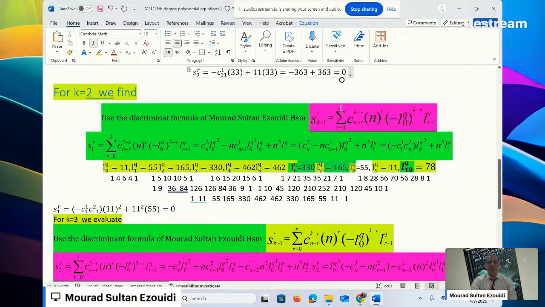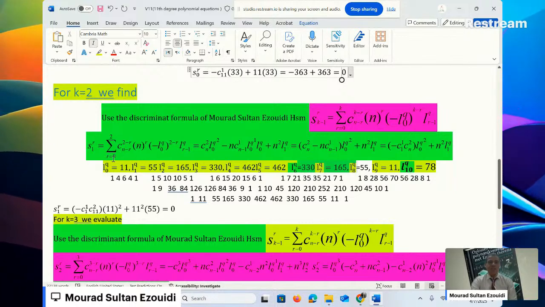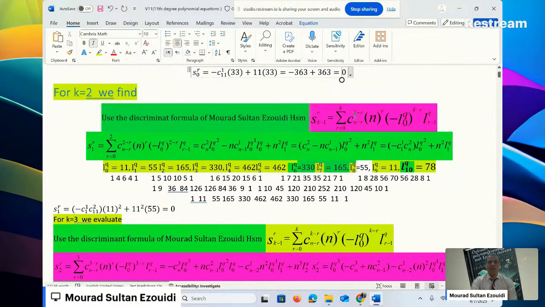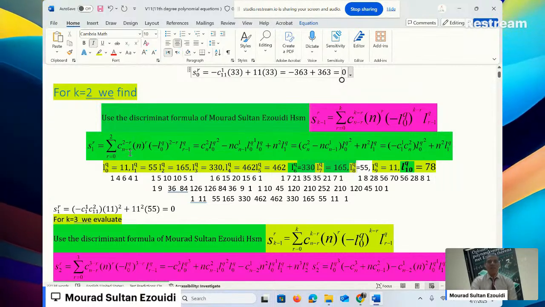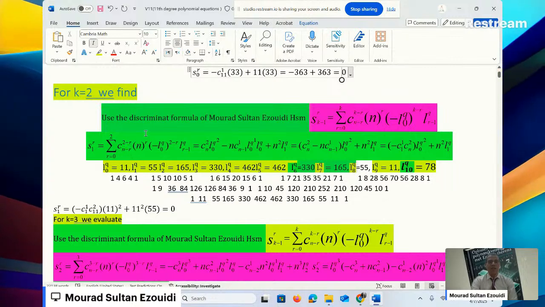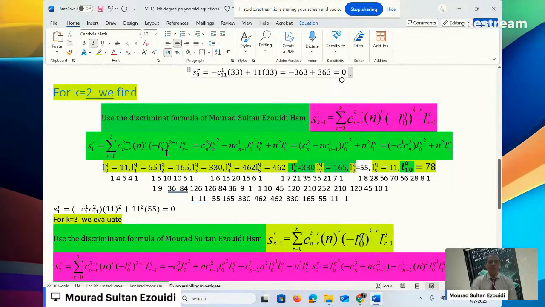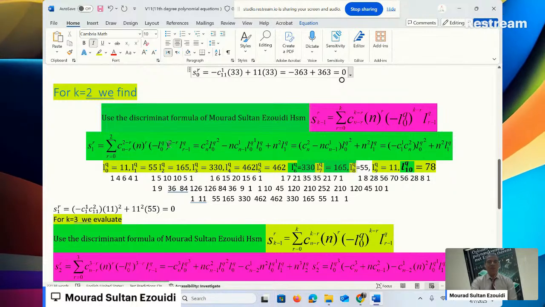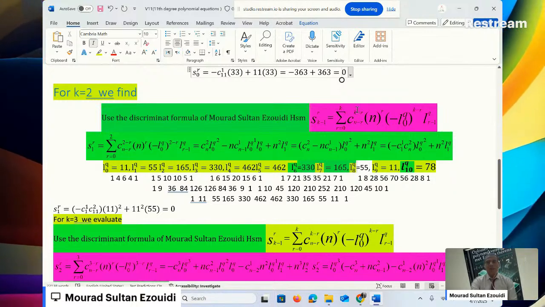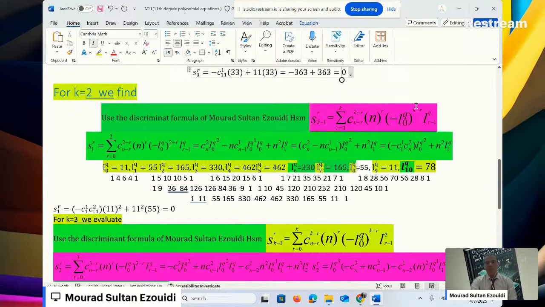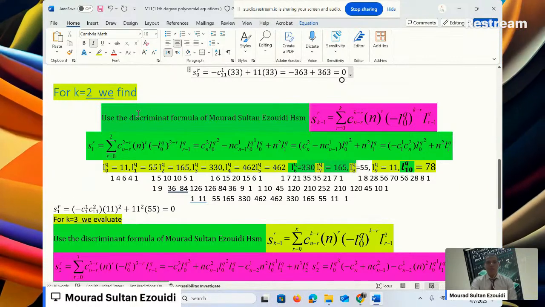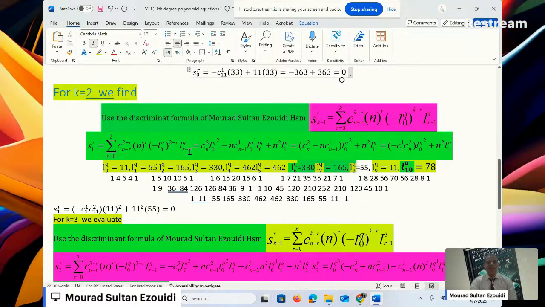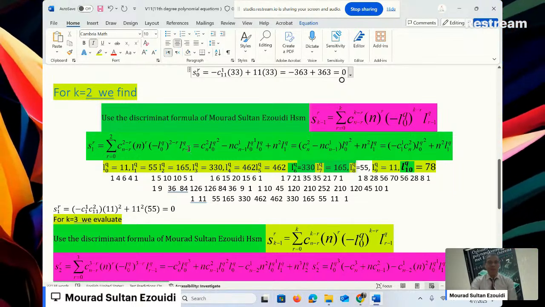The sum from 0 to k will be written as the sum from 0 to 2, combination n minus r choose 2 minus r, times (negative L0 over 2) raised to the power 2 minus r, simply because the exponent is k minus r, k is equal to 2, times L(r minus 1) over 2.